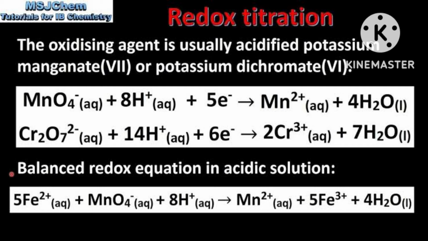Metal will lose the electron when it is in contact with a solution containing the same cation, meaning Zn in ZnSO4. ZnSO4 in solution will be in the form of Zn2+, a zinc ion, plus sulfate ion, SO4 2-.